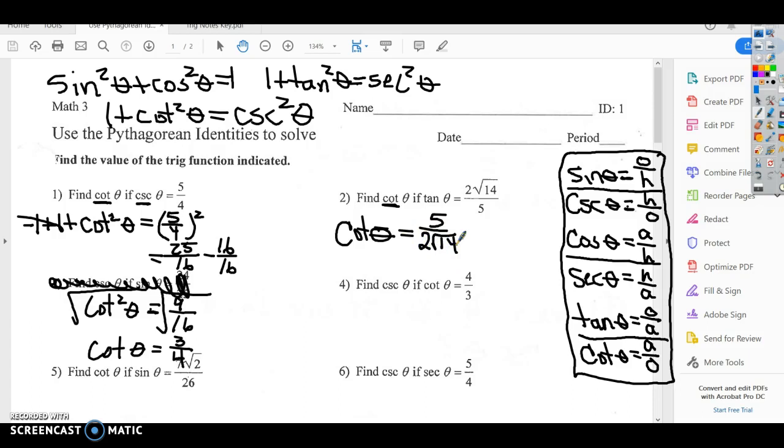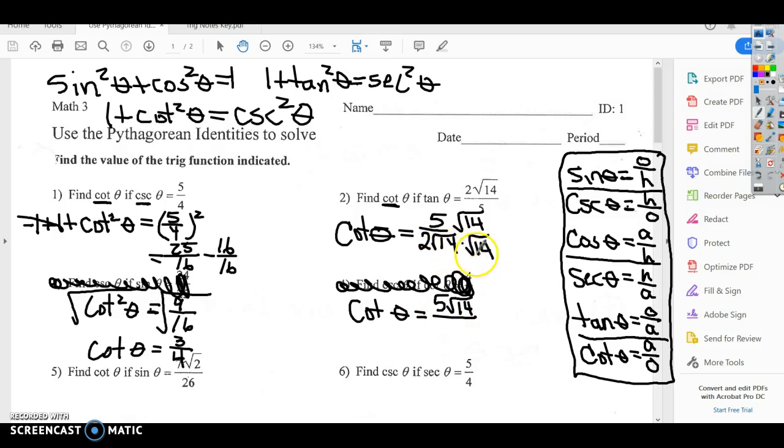And then we can't leave an irrational number in the denominator, so to get rid of the square root of 14 there, we have to rationalize the denominator by multiplying the top and bottom by the square root of 14. So we're going to have cotangent of theta is equal to 5 times the square root of 14 is just 5 square roots of 14 over the square root squared.